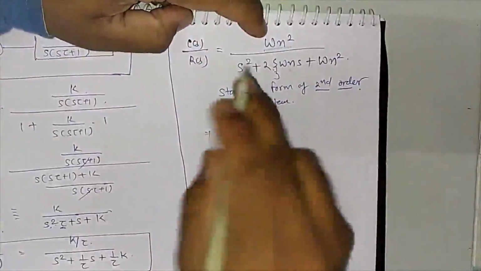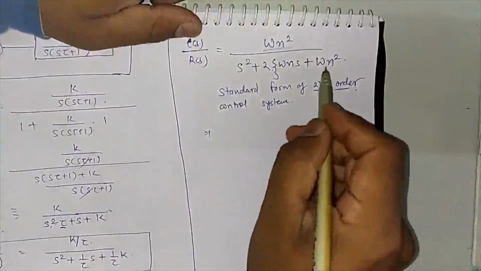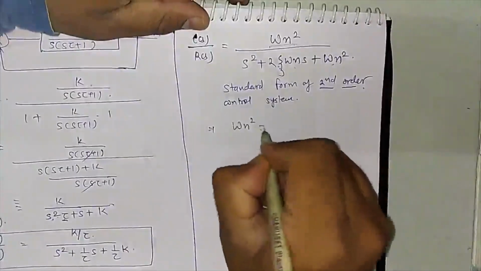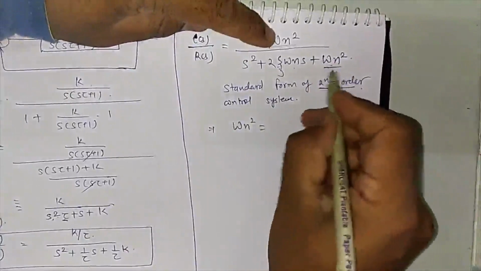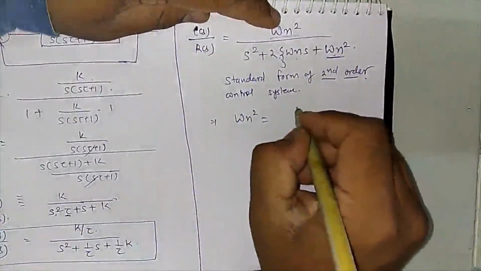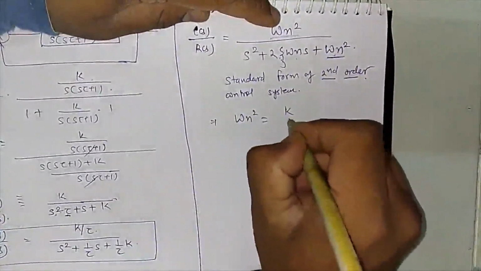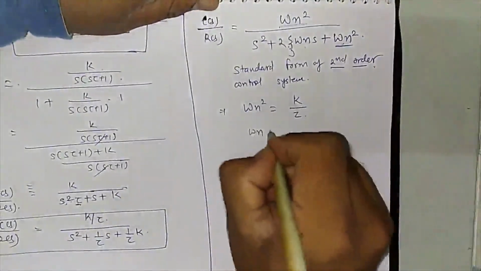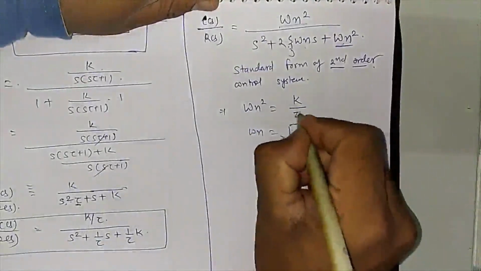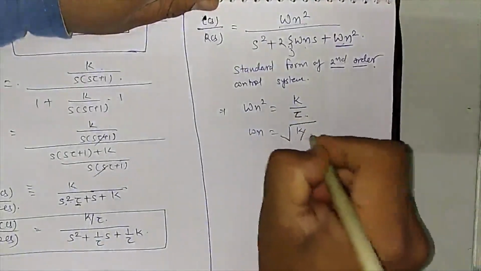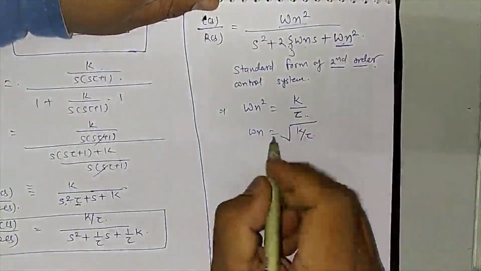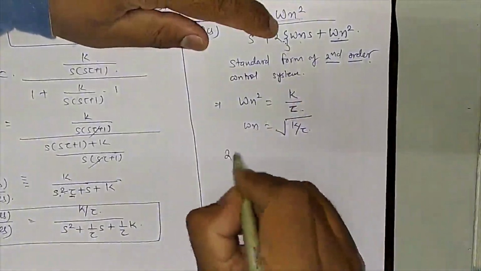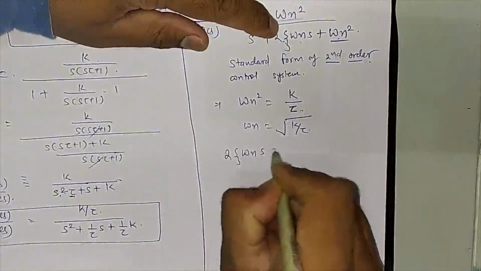Okay, so generally first I will compare this equation and this equation. So this is nothing but omega n square. This is the last part I am taking. So omega n square is equal to K upon tau, so omega n is equal to the square root of K upon tau. Okay, and we need to find out what is zeta. So the middle term I will analyze.